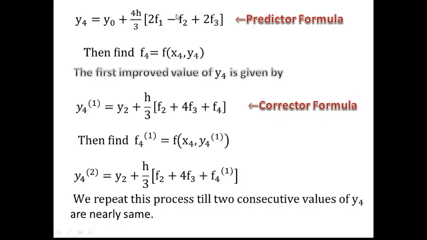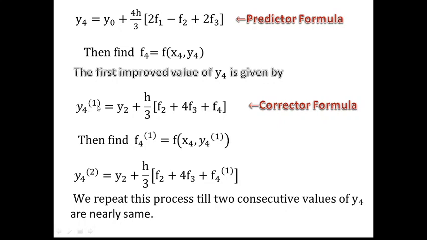Now this contains some errors, so a better approximation to this value is obtained by making use of the corrector formula. Therefore the first improved value of y4, or first modified value of y4, is given by y4^(1).